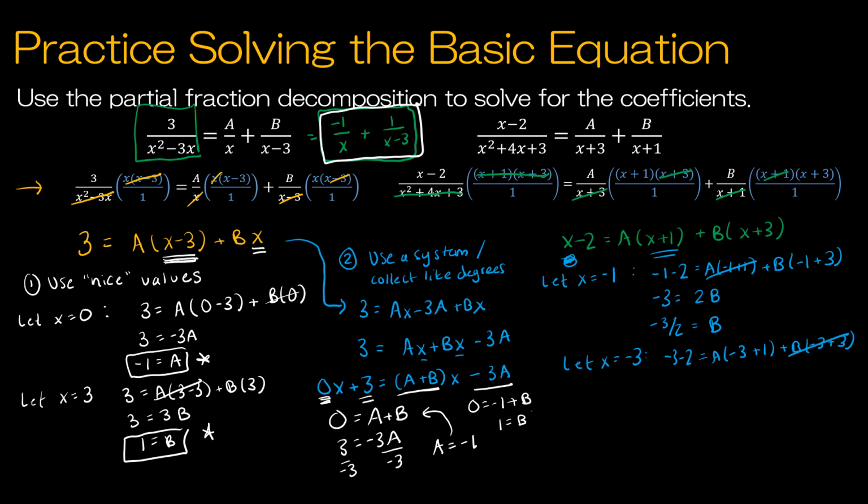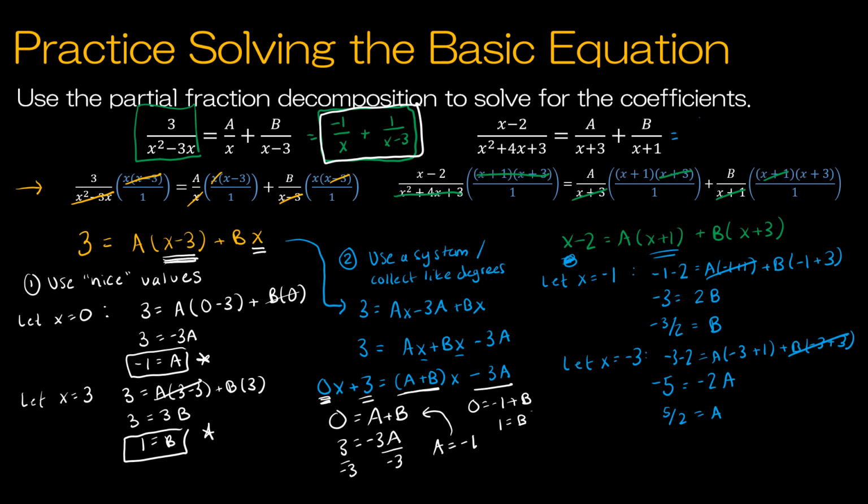And this side, -3 plus 3, will cancel out, which is why I'm using -3. On the left, -3 minus 2 is -5. And then I've got -3 plus 1, which is -2a. So I divide by -2, and I get 5 halves is equal to a. Remember, back up here, we're replacing a with 5 halves.